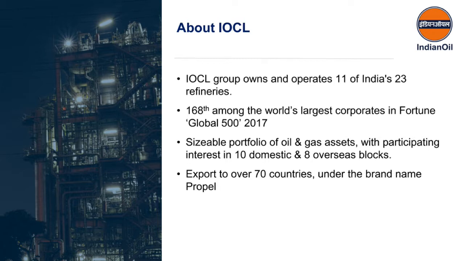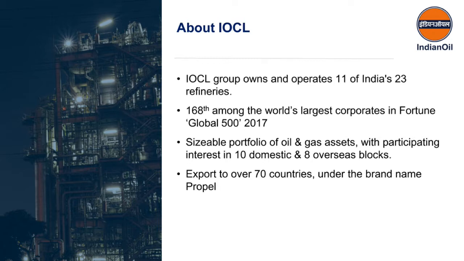We account for nearly half of India's petroleum product market share with sales of 83.5 million tons in 2016-17. Besides being the second largest player in the domestic petrochemical market, with a 33,000 strong team, we export to over 70 countries, offering the complete range of petrochemical products and intermediates under the brand name Propel.